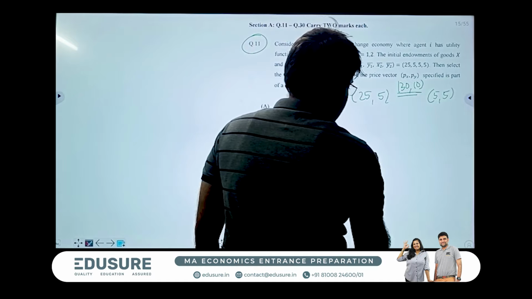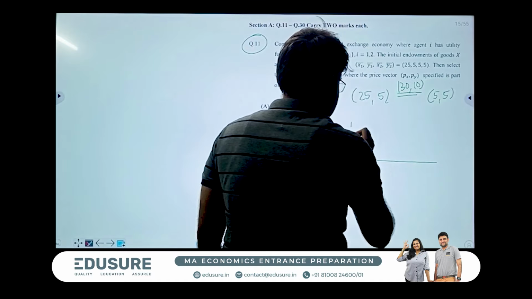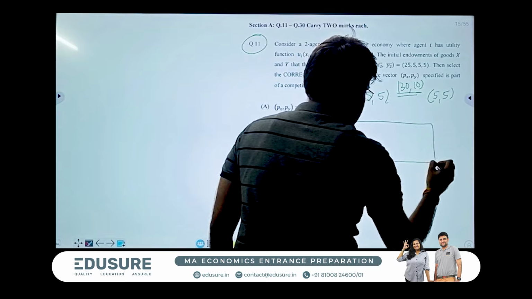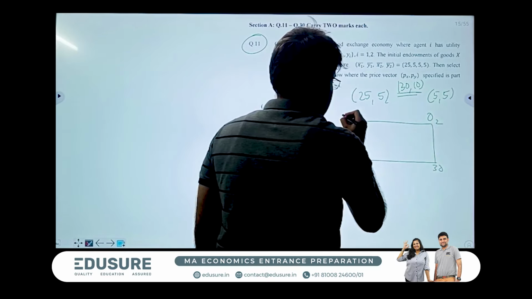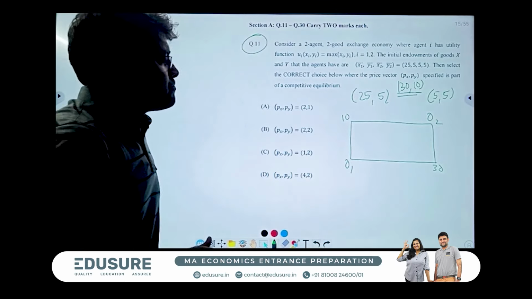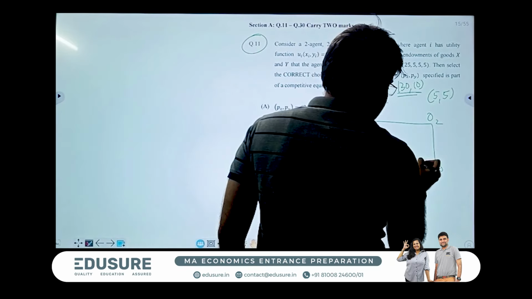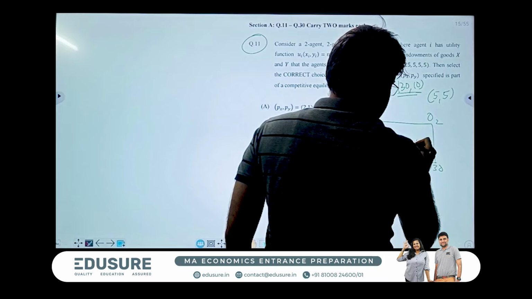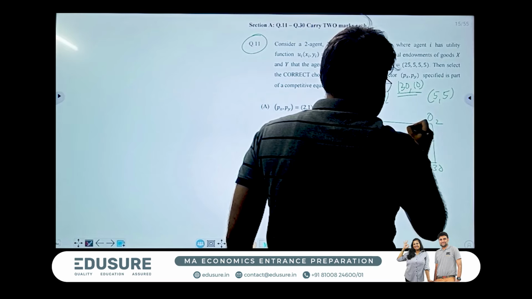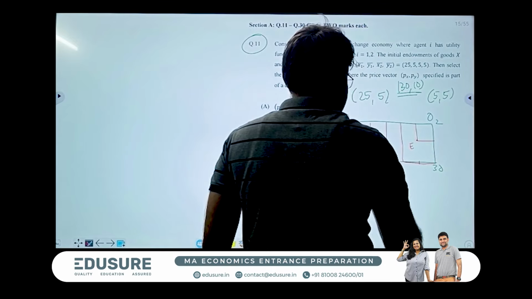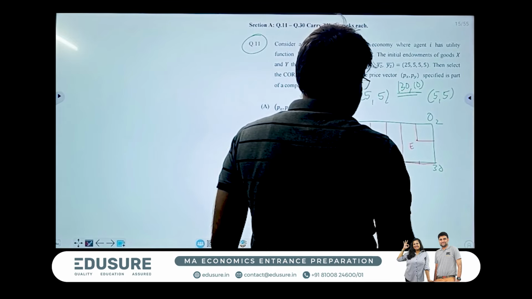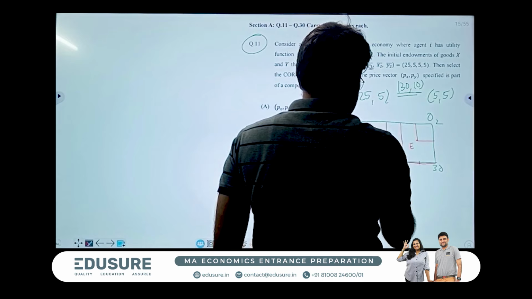So I get a contract curve which looks something like this. Okay. Now 25.5. This is the endowment point. This is the indifference curve of the second individual, and these are the indifference curves of the first individual.